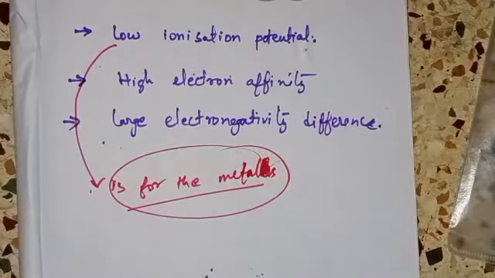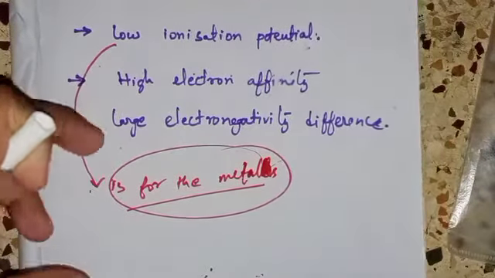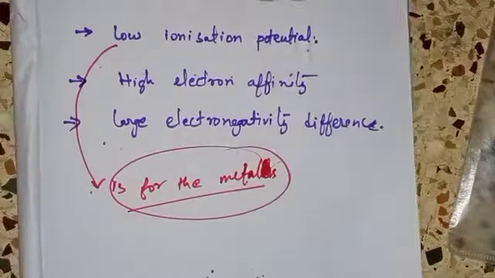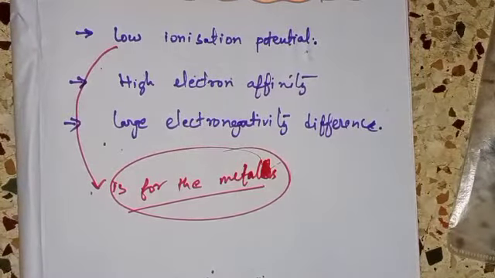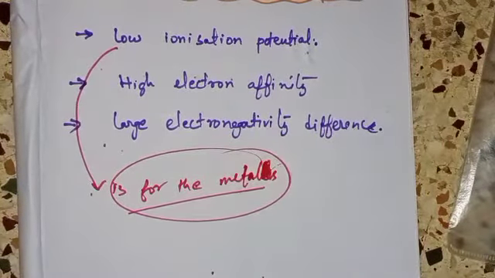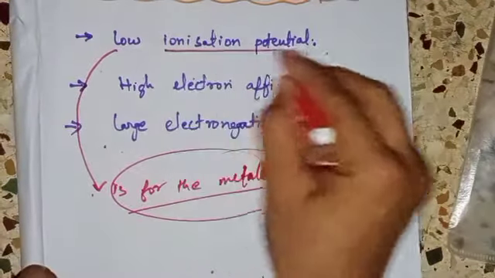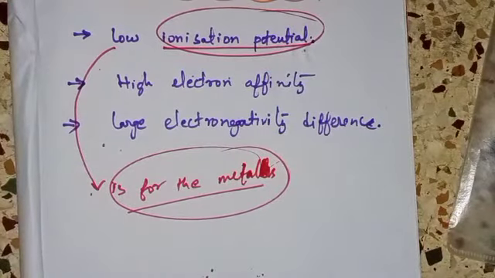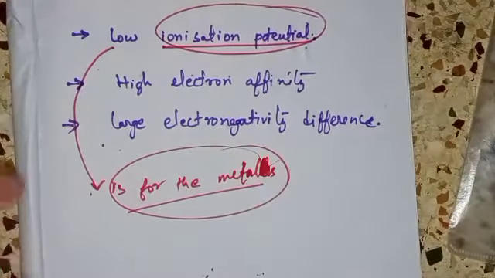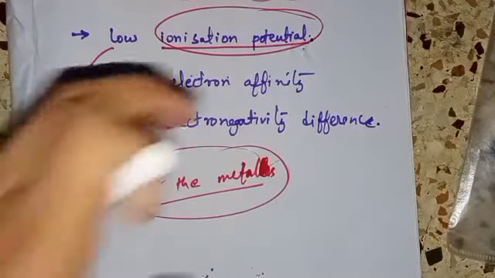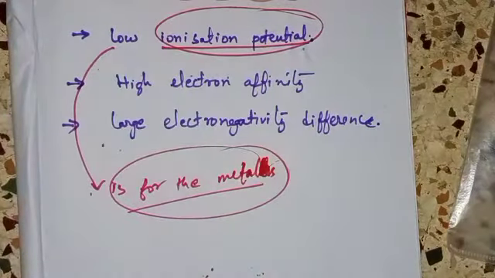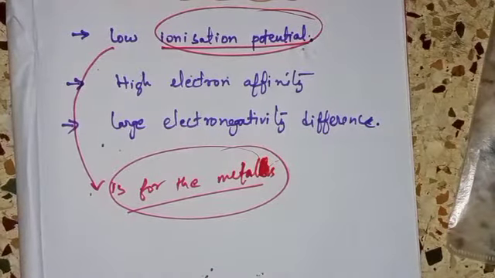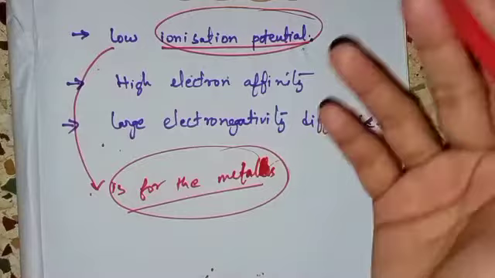So the atoms which are metallic in nature should have low ionization potential. Why? Because they have to lose electrons, isn't it? The ionization potential is the energy required to remove an electron, which you already studied in chapter 1 in detail. If metals have low ionization energy, they require very little energy to remove electrons, so they will easily lose electrons.